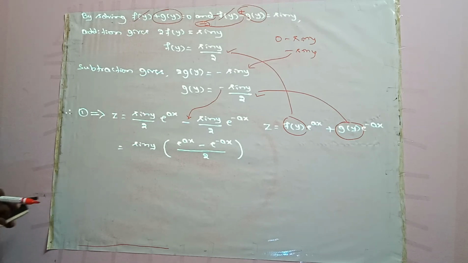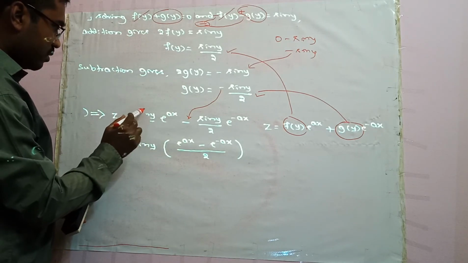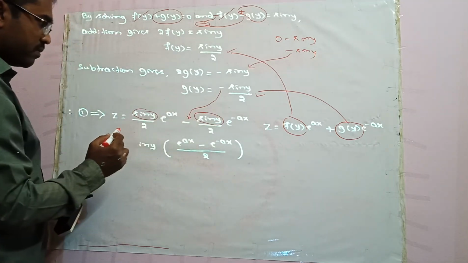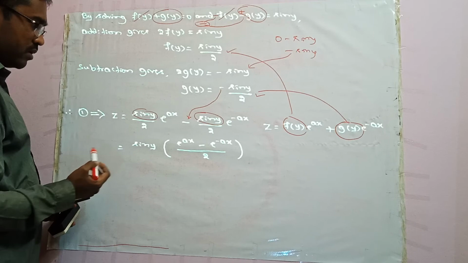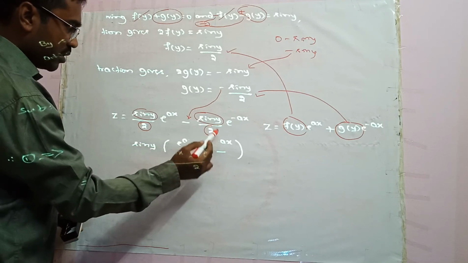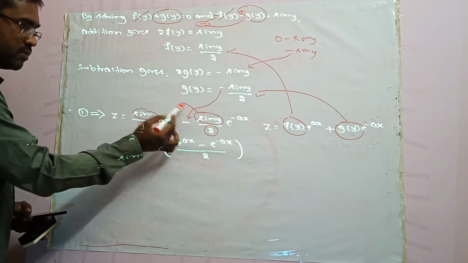If you take the common, sin y, outside and take the LCM for these two, what do you get?